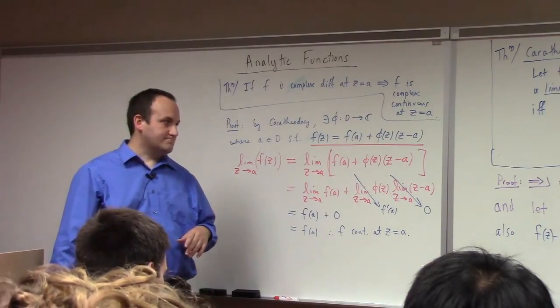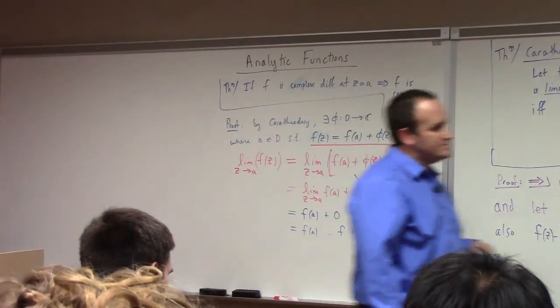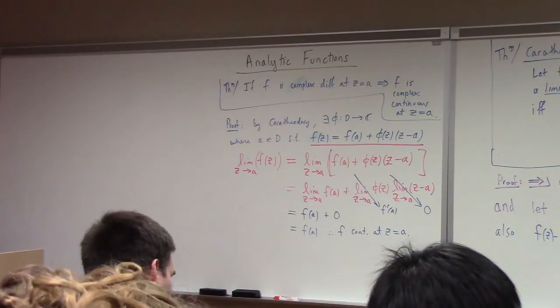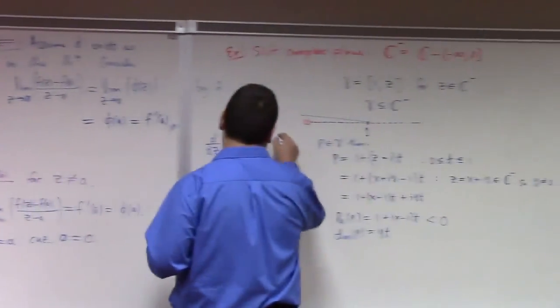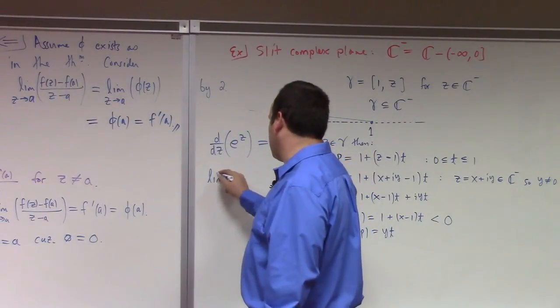Okay, all of this said, there's one example we can't hope to touch right now, and that's this. What's the derivative with respect to z of e to the z? In order to calculate that, I would have to look at some difference quotient like this.